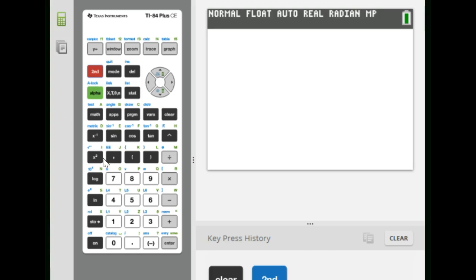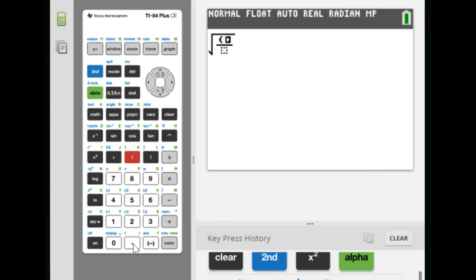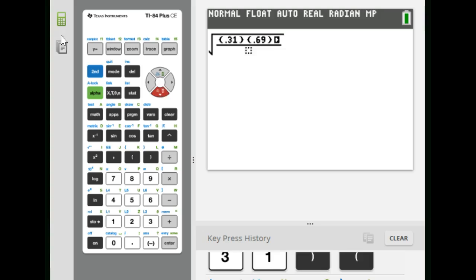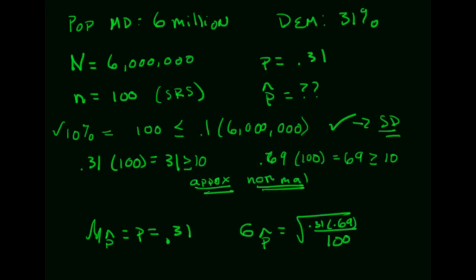I take the square root of 0.31 times 0.69 over 100, and that makes my standard deviation 0.046. Okay, so what does this mean?